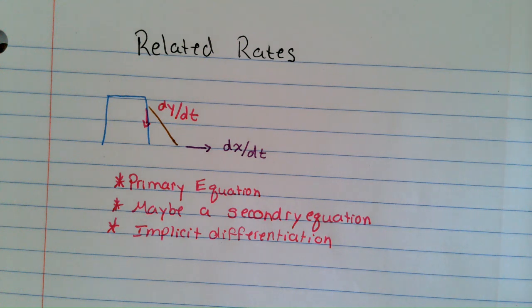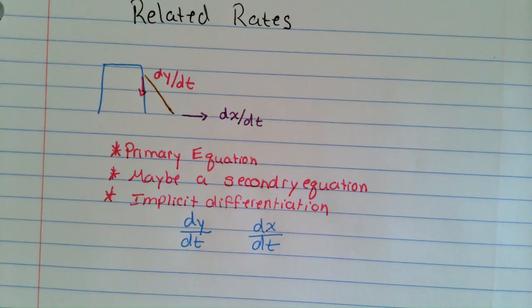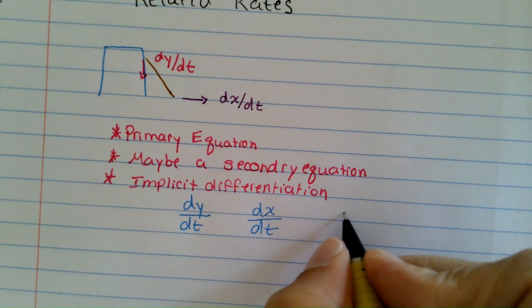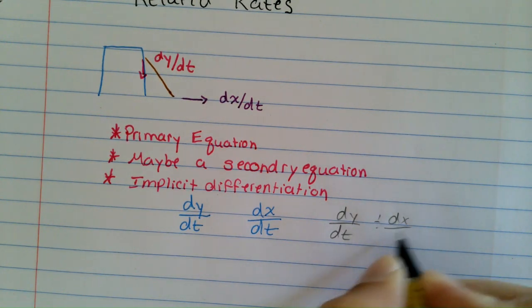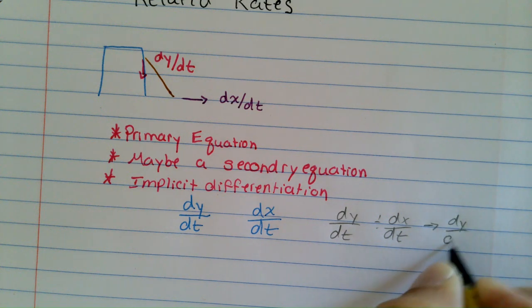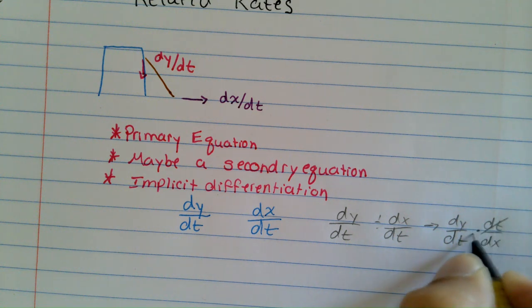Okay, and what that is, dy dx. Now you're going to be doing dy dt and dx dt, because everything's going to be with respect to time. And just know that yes, if you do dy dt divided by dx dt, that would be dy dt times dt over dx.